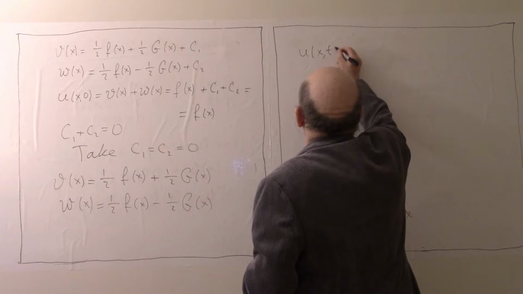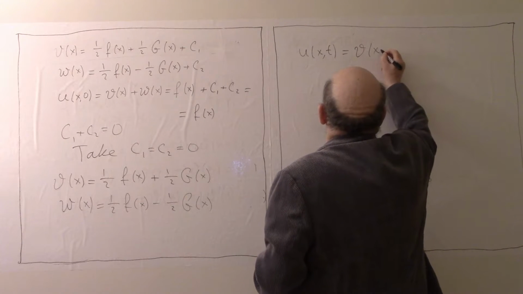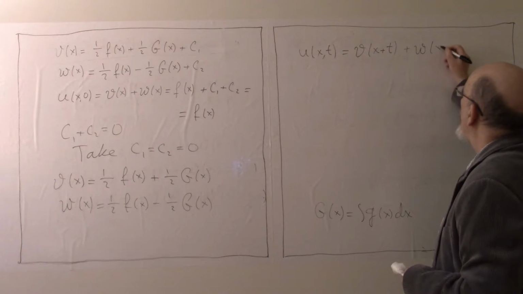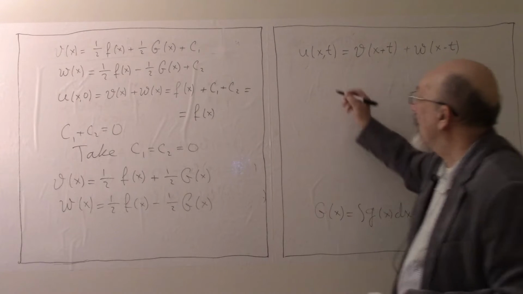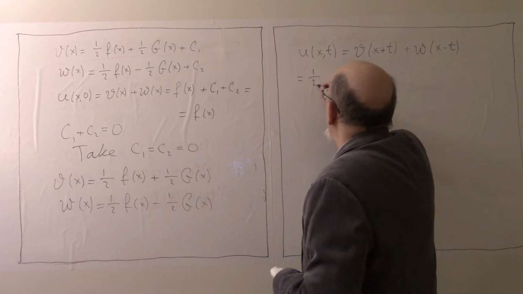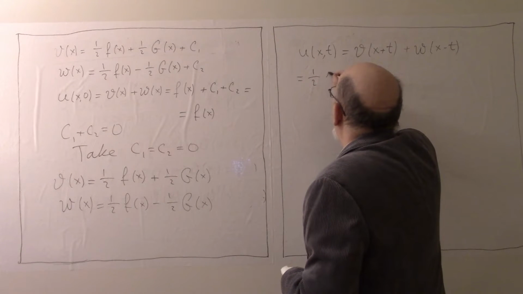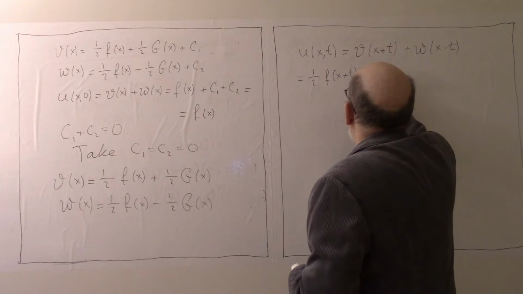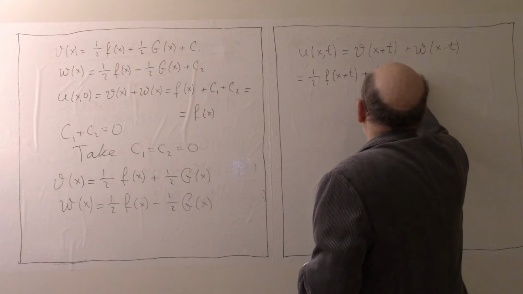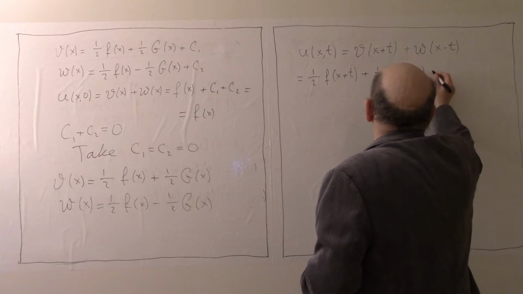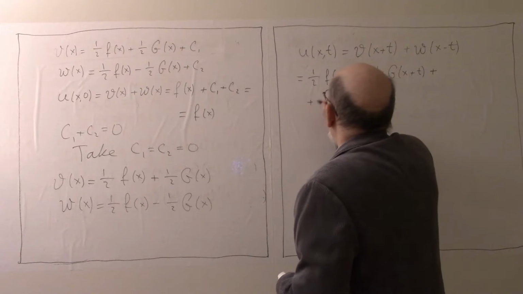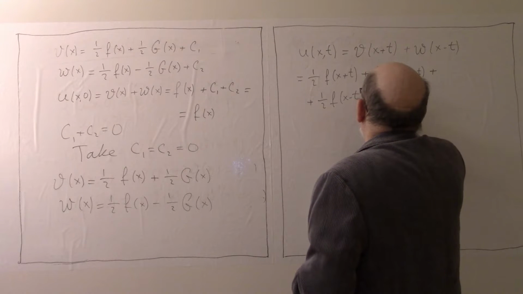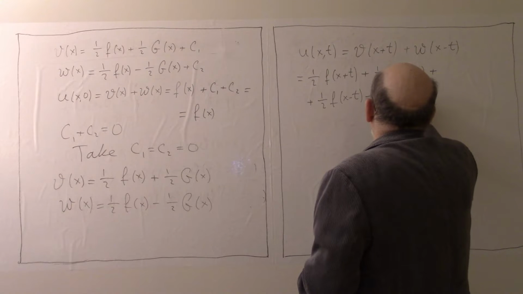u of x, t equals V of x plus t plus W of x minus t, which equals 1/2 f of x plus t plus 1/2 g of x plus t plus 1/2 f of x minus t minus 1/2 g of x minus t.